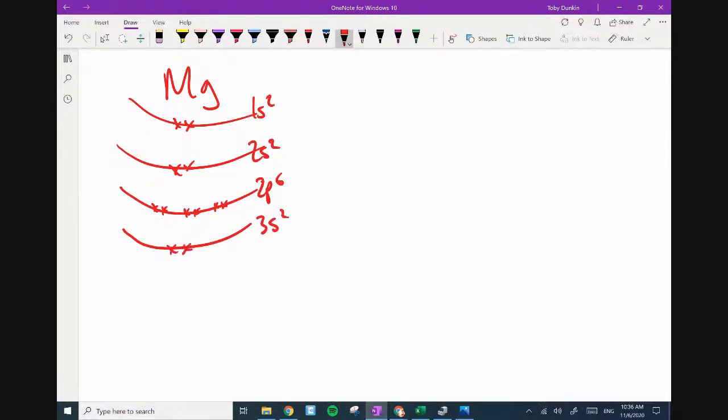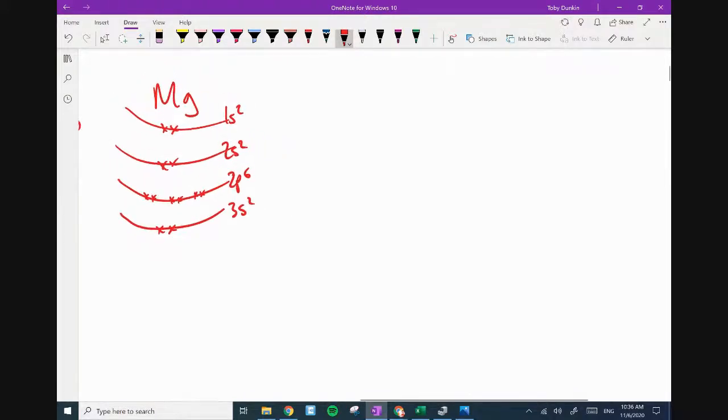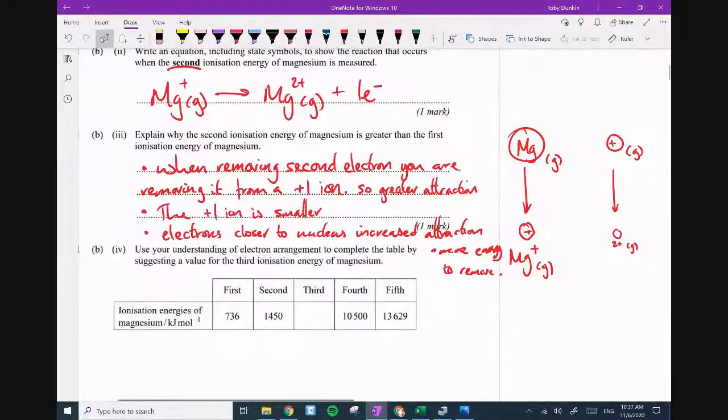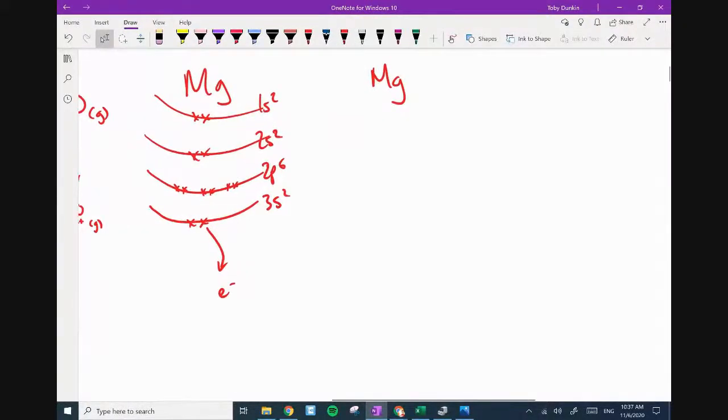Okay, so if we remove the first one, Anch, here's what happens. Remove that electron there. What do we now have? We're comparing greater than the first. That's correct. So this one here is IE1, ionization energy 1.